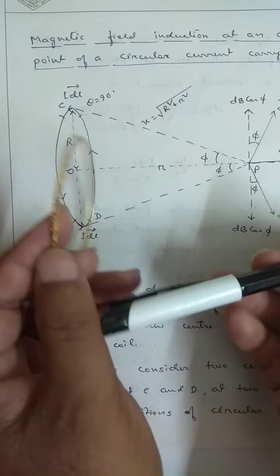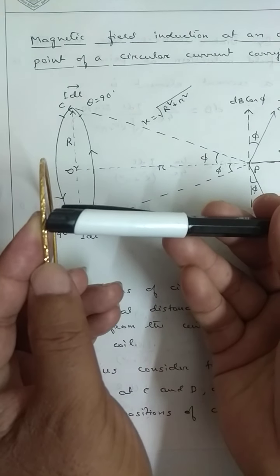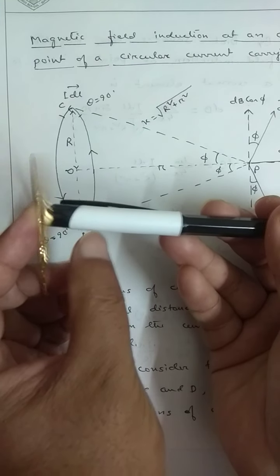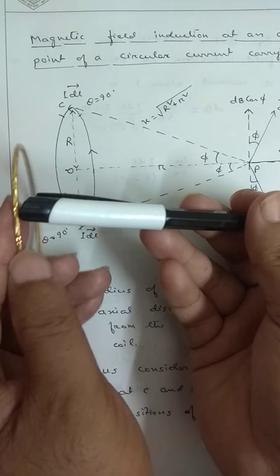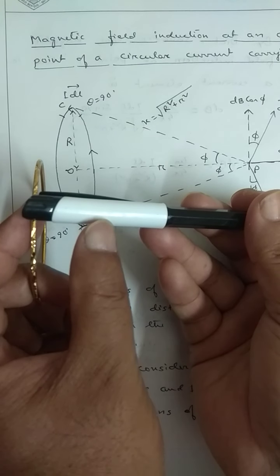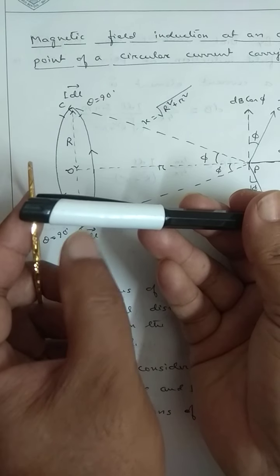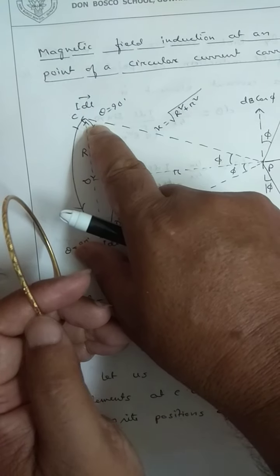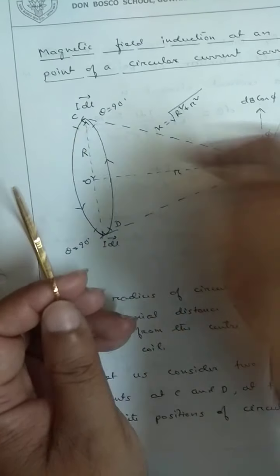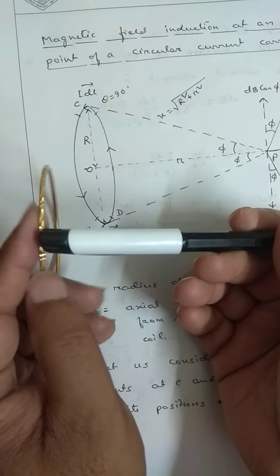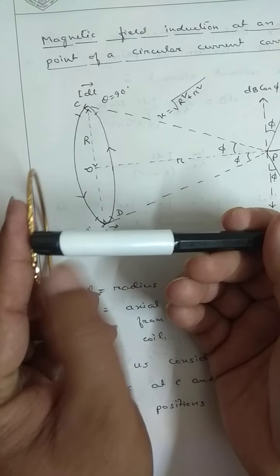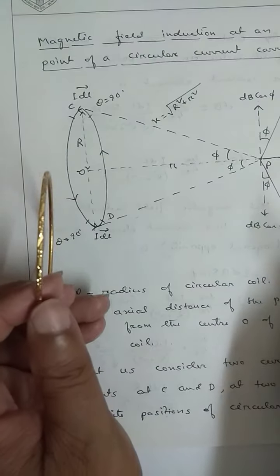You just see, this is the current element and this is the position vector, so this angle is 90 degrees. In this diagram it is very hard to visualize that the value of theta is 90, but here I can show that this angle is 90 degrees. Again I repeat, what is the procedure?